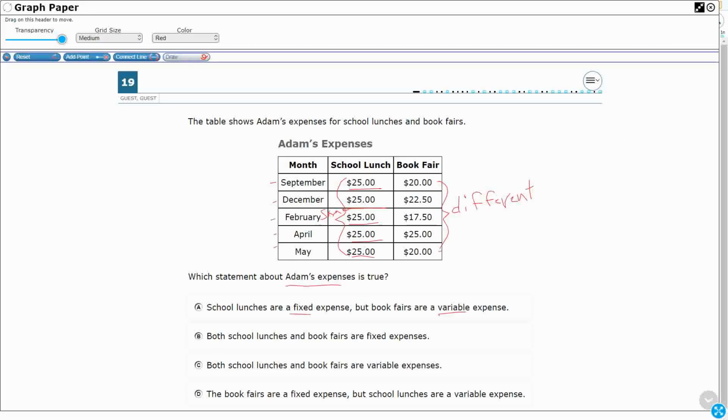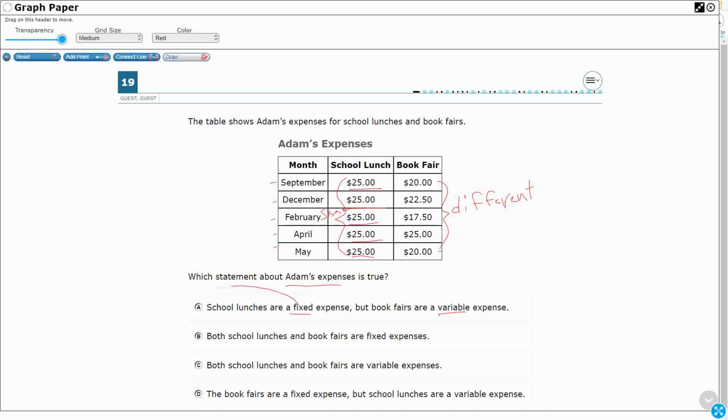Well, fixed, sometimes in some connotations, right? Fixed means like something is broken and you repair it. That's not what we're talking about in this sense. When we're talking about fixed in this sense, we're talking about something that is stable or something that is not changing.